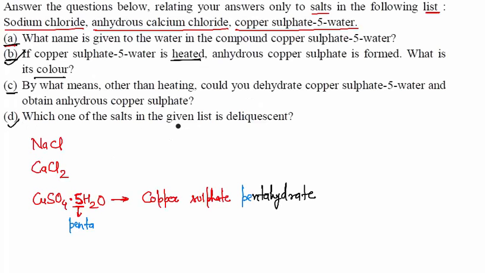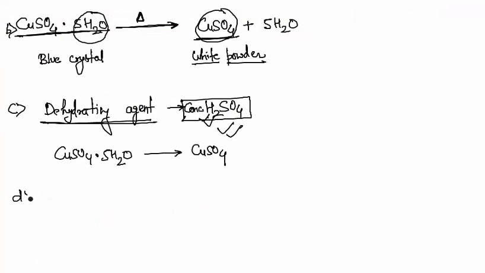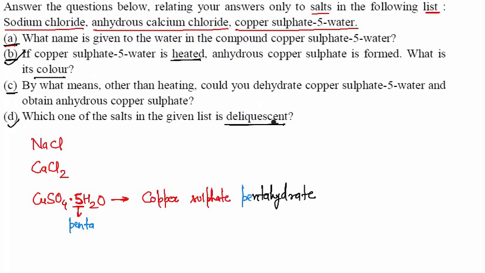And see the last part. Which one of the salts in the given list is deliquescent? The answer to part D is CaCl2 anhydrous. Basically, look at this term, deliquescent.